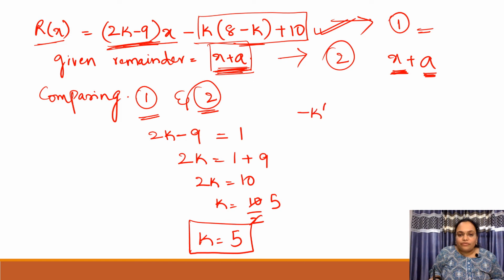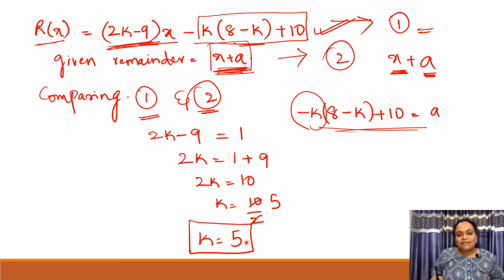Minus k of 8 minus k plus 10 is equal to a. Now let us put the value of k in this and find the value of a. Minus 5 of 8 minus 5 plus 10 is equal to a.